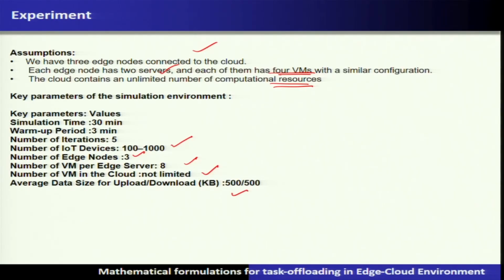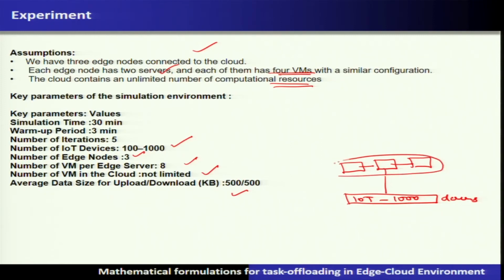So, let us understand that in this case you have the IoT layer, let us say 1000 devices, which are connected to 3 connected edge nodes, and then you have the cloud.